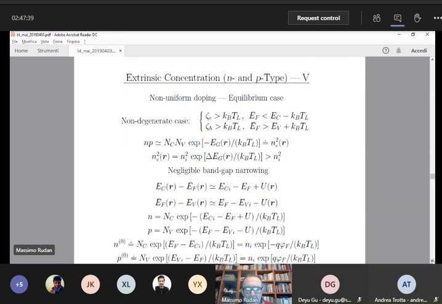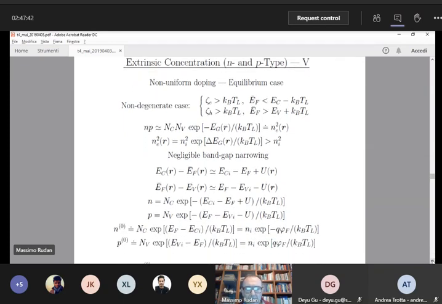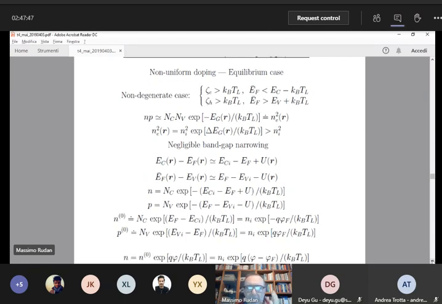Again, this page is very important. Again, you can check whether the non-degeneracy condition applies, but in this case, you must check it at each position of the semiconductor, because instead of using the constant EF, you have to do it using the EF bar function at its position in the semiconductor.